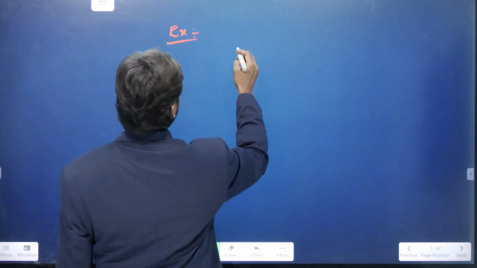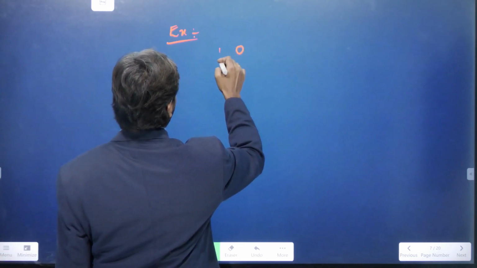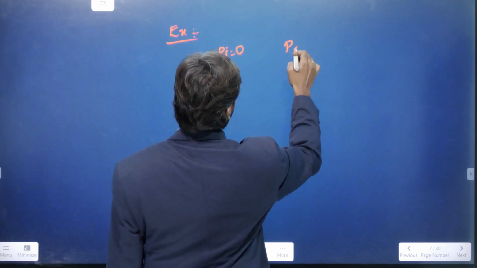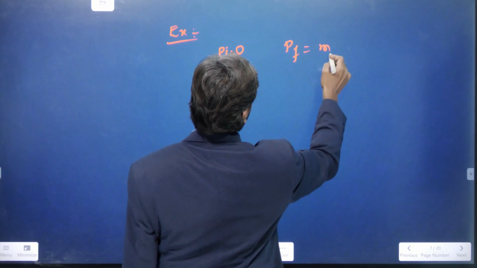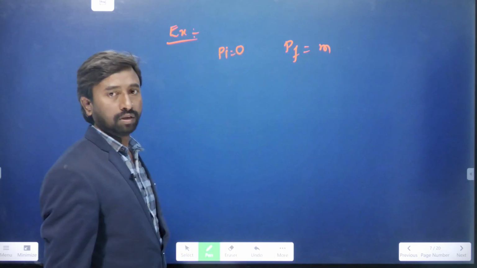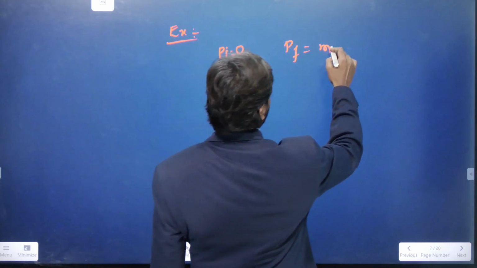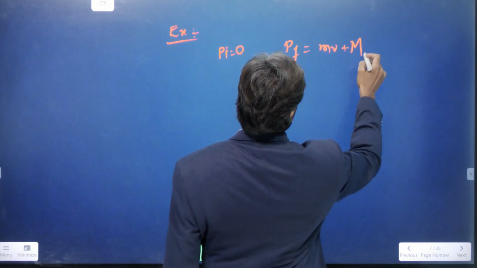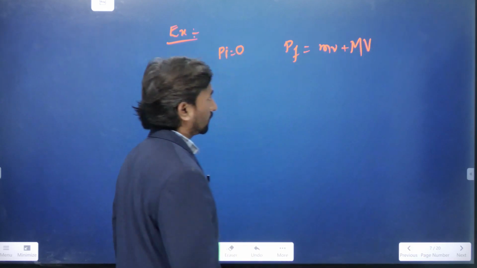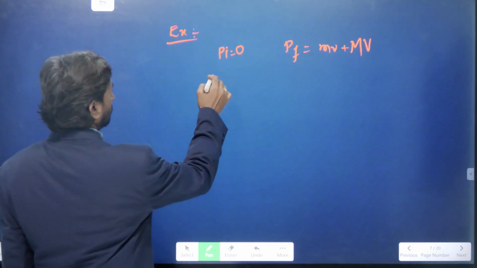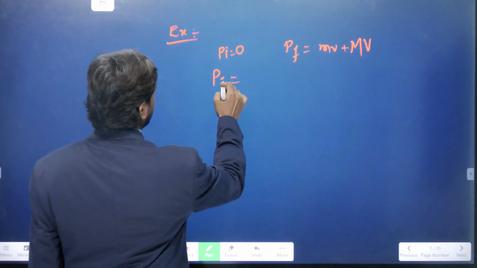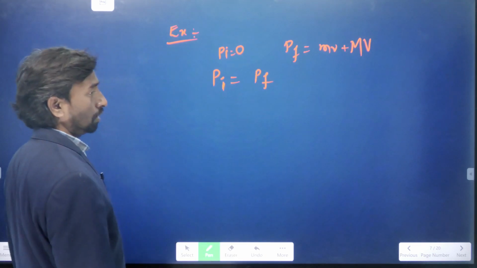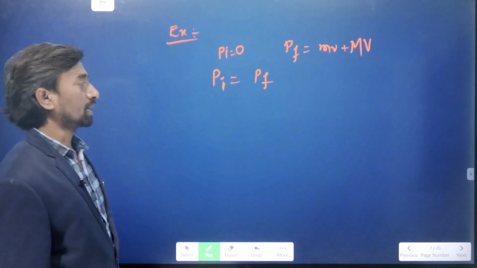If a gun fires, the initial momentum can be taken as P initial is 0, and the final momentum is the mass of the bullet, small m, times the velocity of the bullet, small v, plus the mass of the gun, capital M, times the velocity of the gun, capital V. According to the law of conservation of linear momentum, the total momentum will be constant: initial momentum is equal to the sum of the total momentums acting on the system.